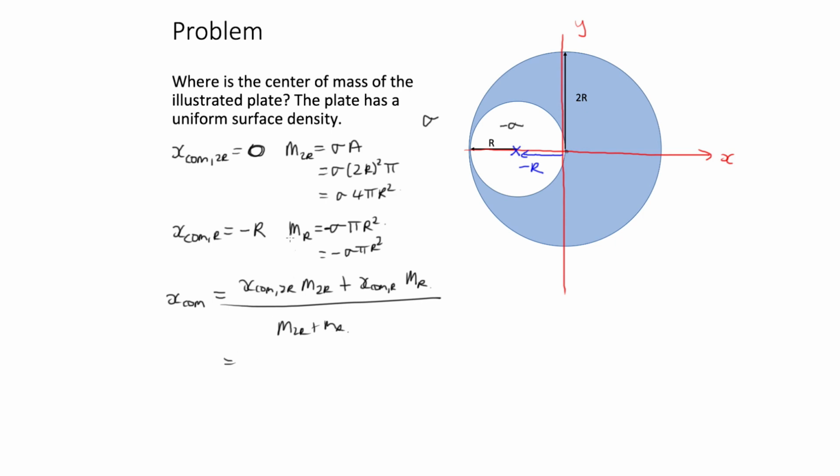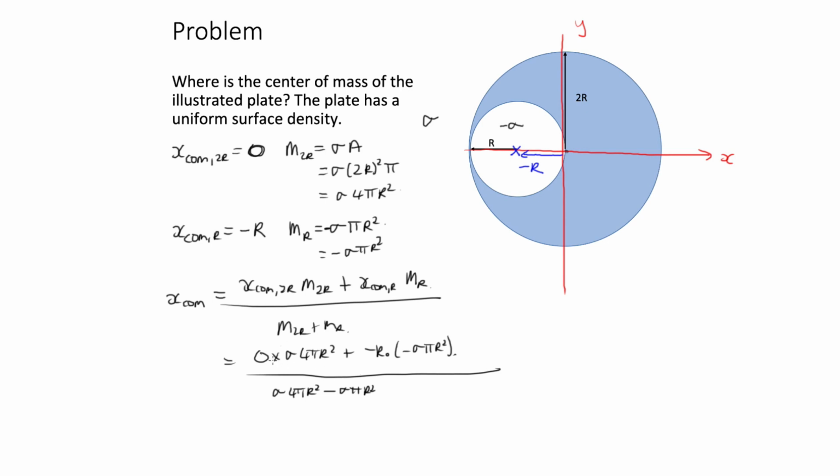So let's substitute in. I've got 0 times sigma 4 pi r squared plus minus r times minus sigma pi r squared, divided by sigma 4 pi r squared minus sigma pi r squared.